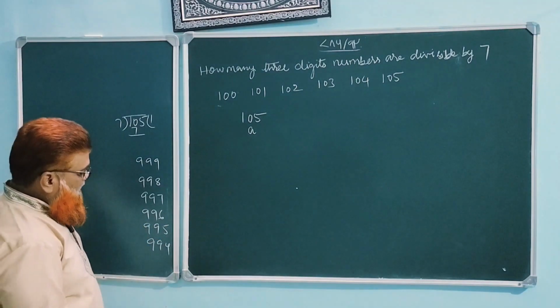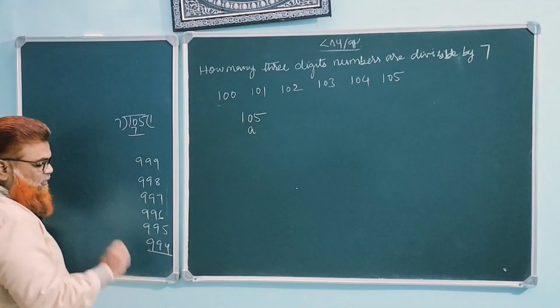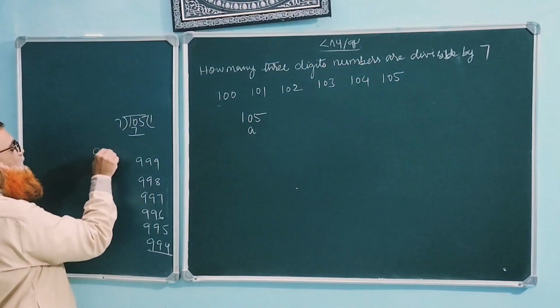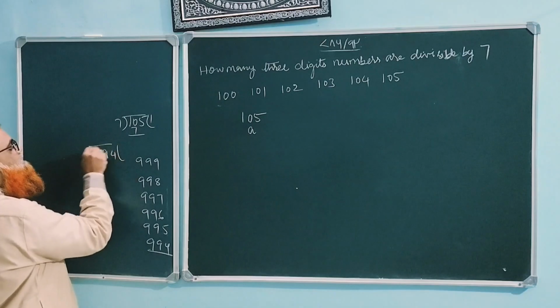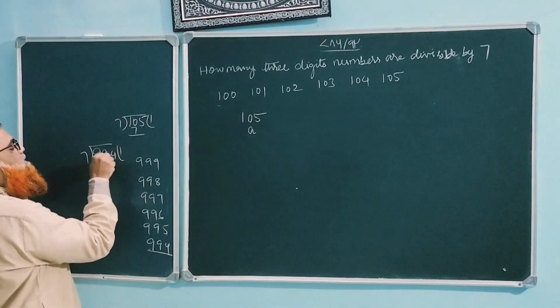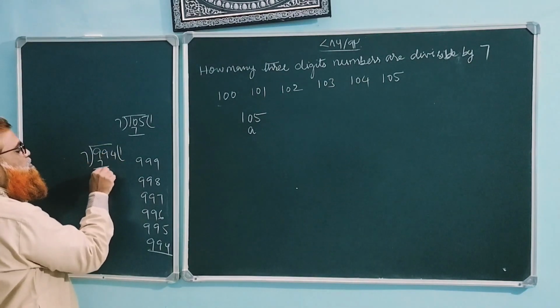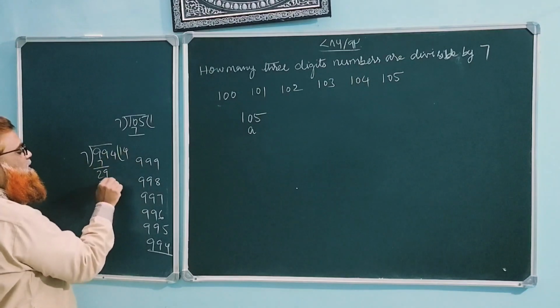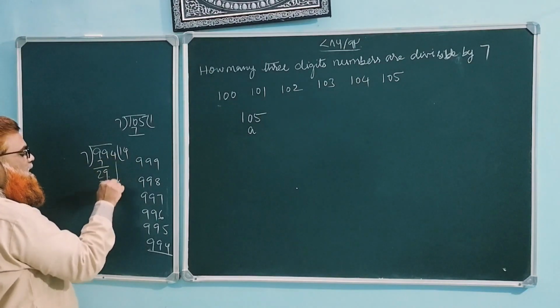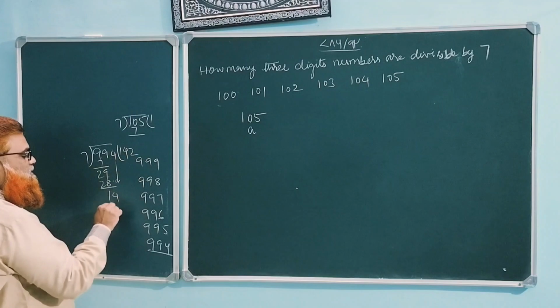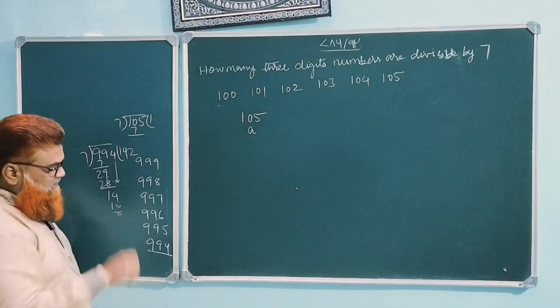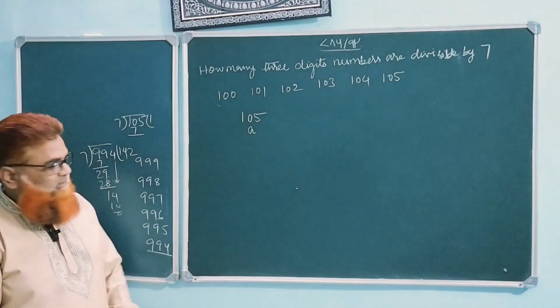Let's test it. 994: 7 fours are 28, carry 2, 7 twos are 14. Yes, this is divisible by 7.